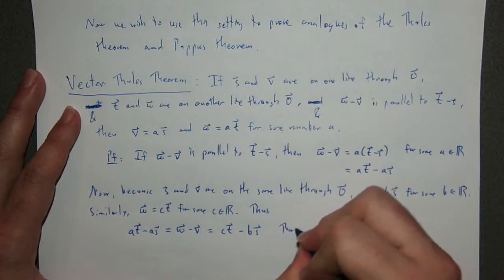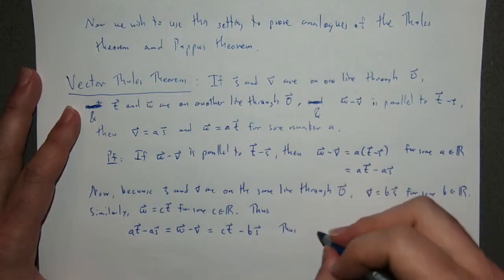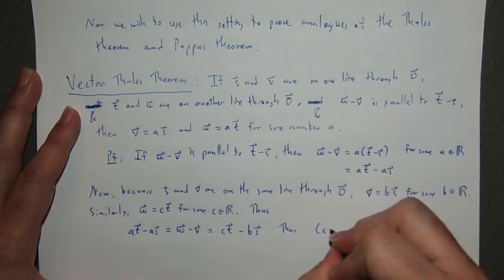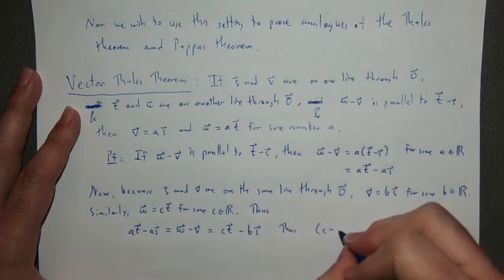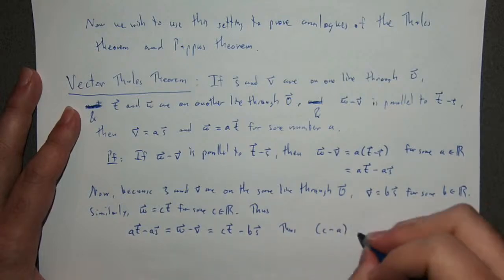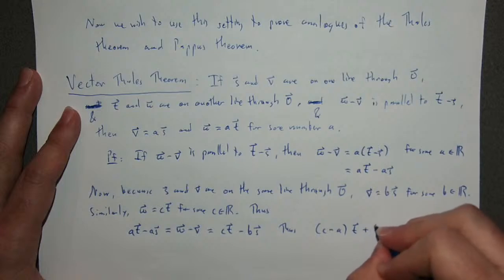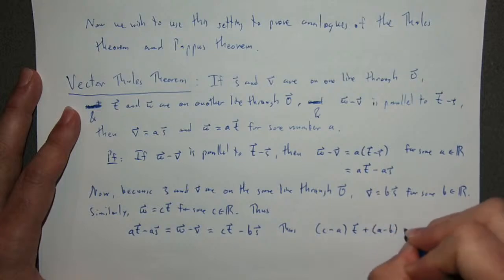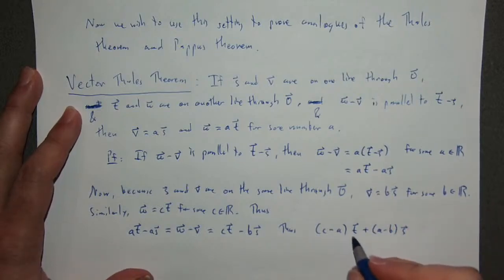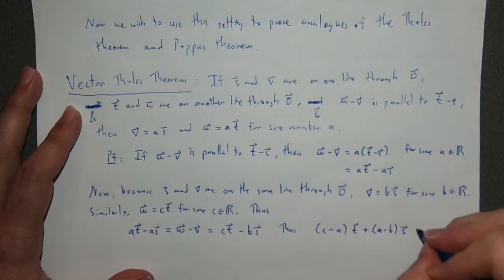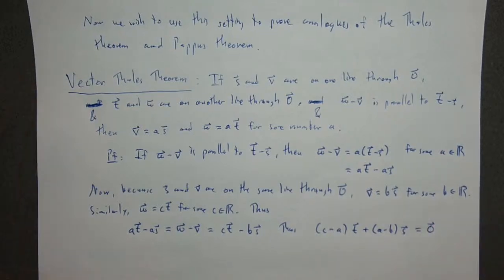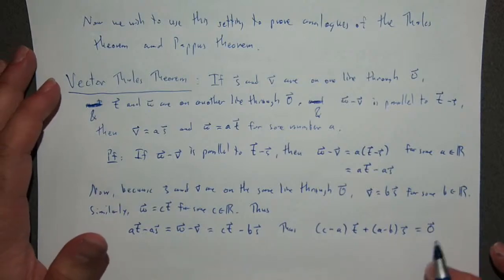Thus, using subtraction of these two equations, what do I get? I get that C minus A times T plus A minus B times S is equal to the 0 vector. Okay, so this is just using those vector space axioms here, the distributive property in the scalar slot.